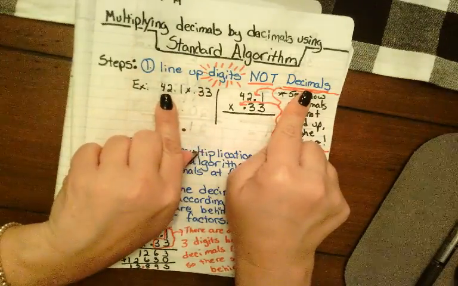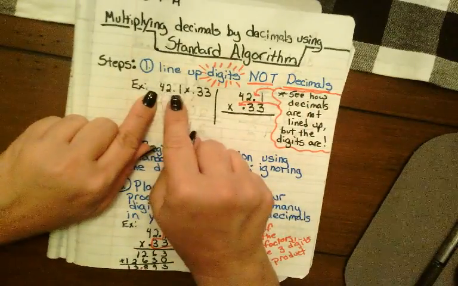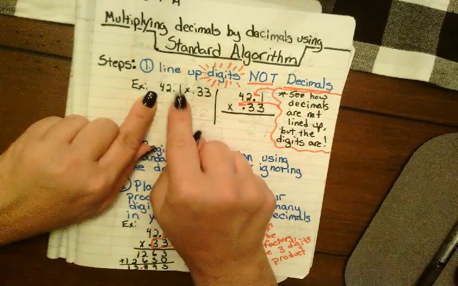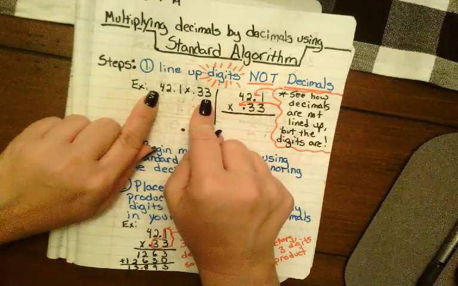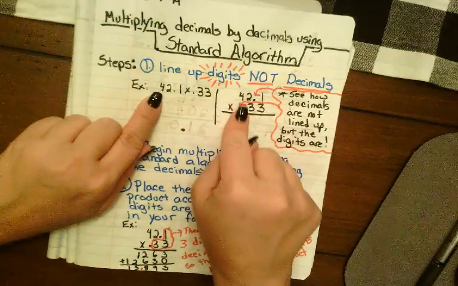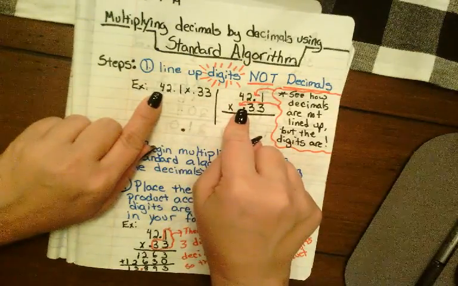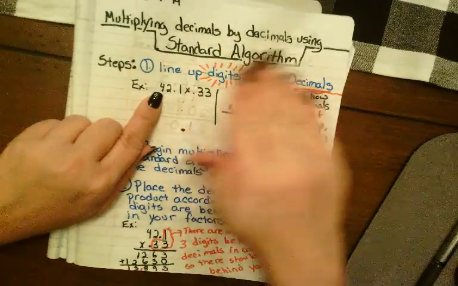For example, if I have 42.1, or 42 and 1/10, times 33 hundredths, it is so important for us to remember when we stack them on top of each other to multiply them together, we must line up the digits and not the decimals.